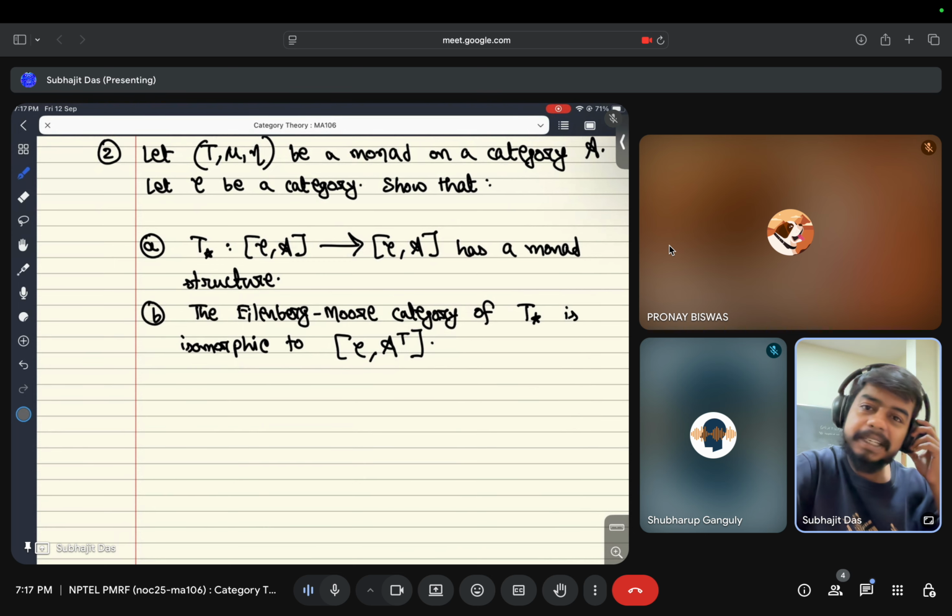What we claim is that T star, which is from C comma A to C comma A, an endofunctor of C comma A, has a monad structure itself. Pretty straightforward. Just tell me what the structure is. This is for all the viewers: you can verify the axioms yourself. We'll just write down the essential stuff.